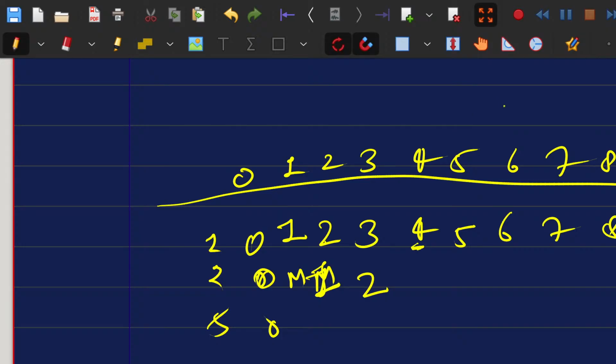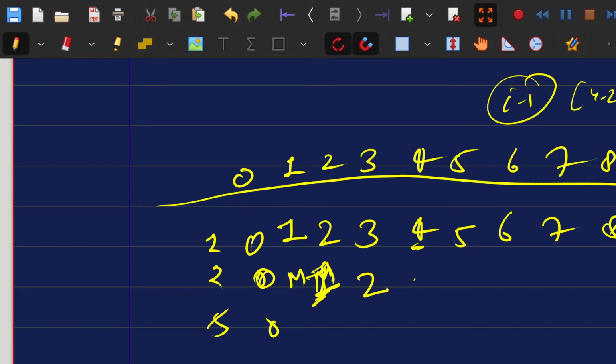Alright, so i minus 1 comma 4 minus 2, which is 0 comma 2, which is 2 there, right? So 2 plus 1 is 3, and the other thing is i comma j minus coins minus 1. This is max, right? So we have to consider this also, right?